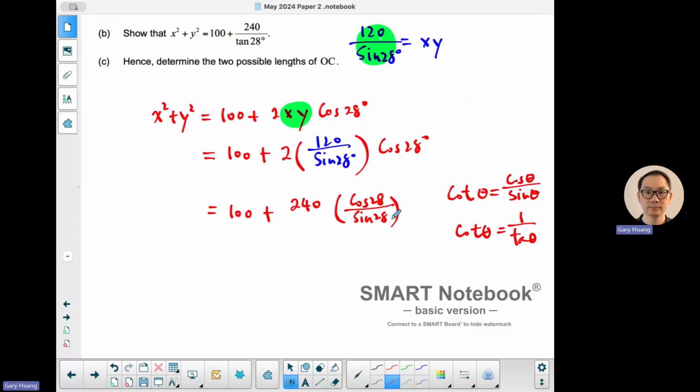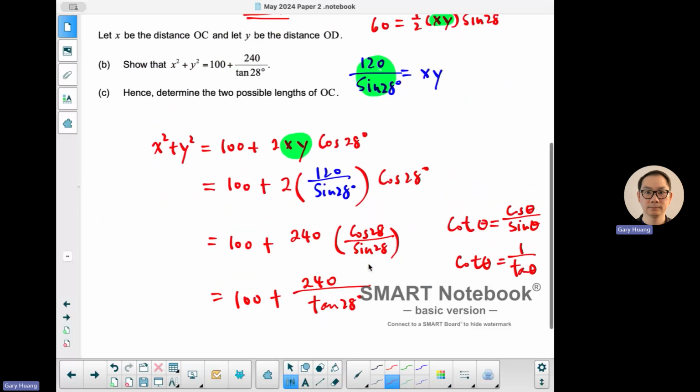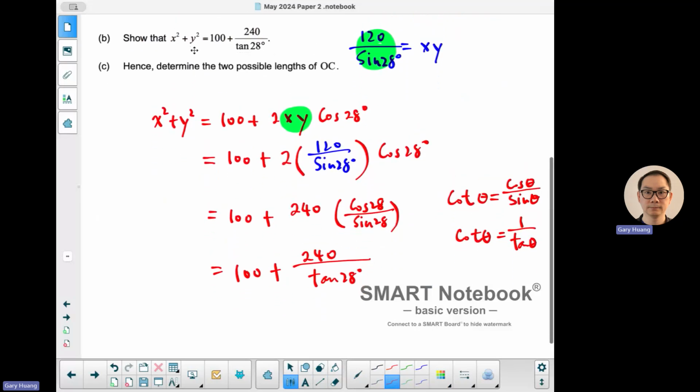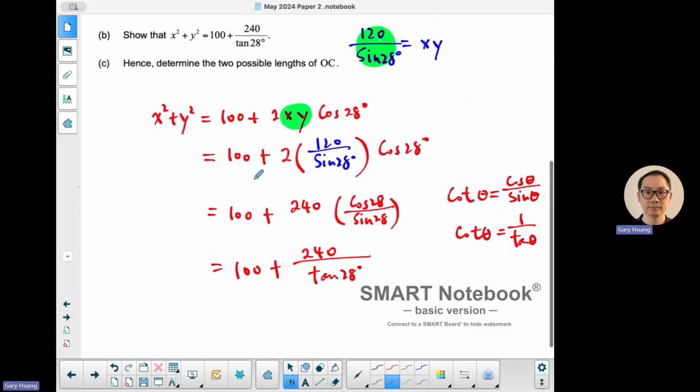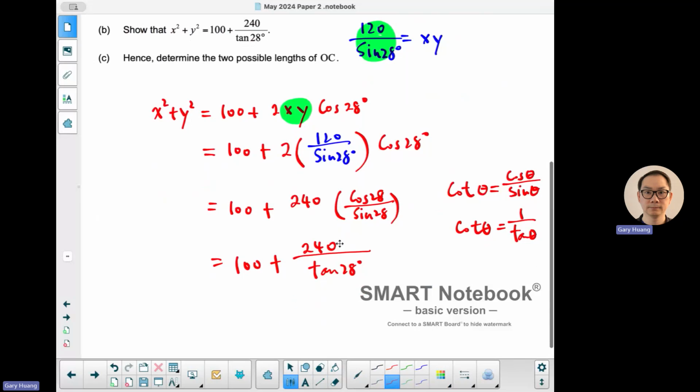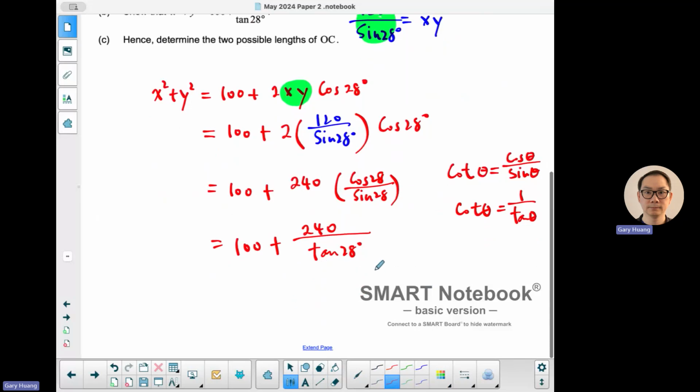So this is equal to 1 over tangent 28. So therefore, 100 plus 240 divided by tangent 28 degrees. So now we have shown that x squared plus y squared is equal to 100 plus 240 over tangent 28.